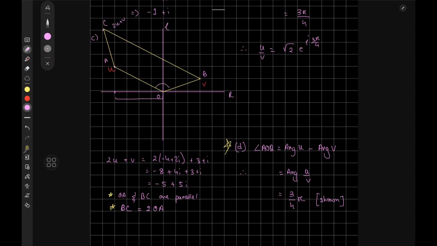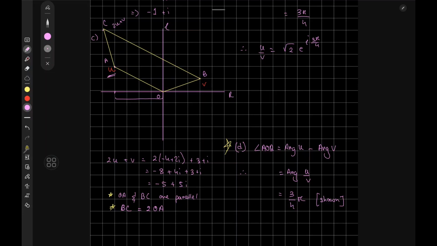So for angle AOB, notice you will have to subtract the argument of B, which is this theta, from the argument of A, which is this big theta. So argument of U, which is A, minus argument of V, which is B, is going to give you this small theta in between.